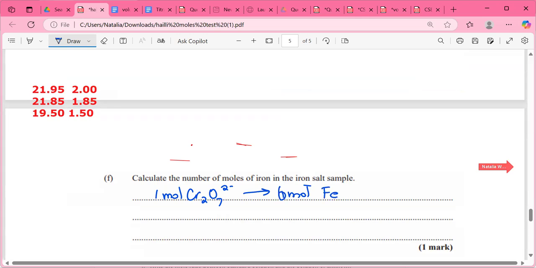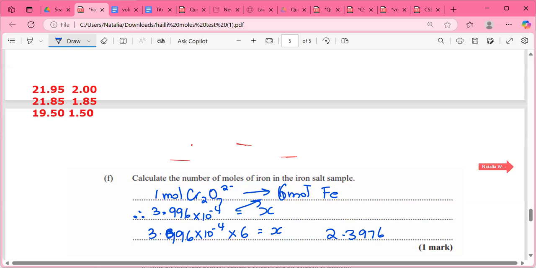So therefore, the number of moles of dichromate which reacted, 3.996 times 10 to the negative 4, is equal to X. So cross multiply: 3.996 times 10 to the negative 4 multiplied by 6 equals 1 times X, which is X. What we got? Well, 2.3976 times 10 to the negative 3, Miss.